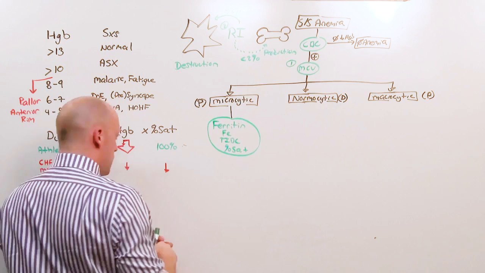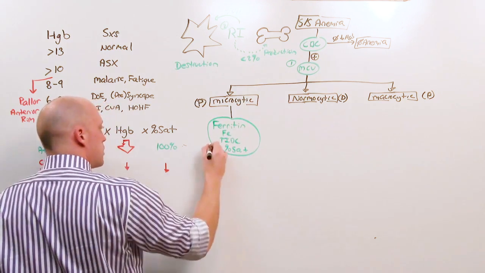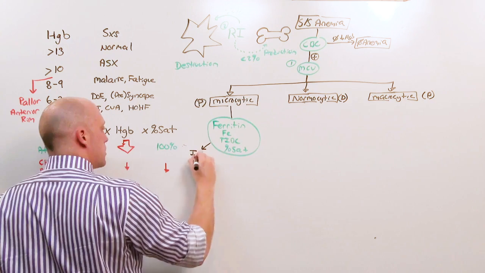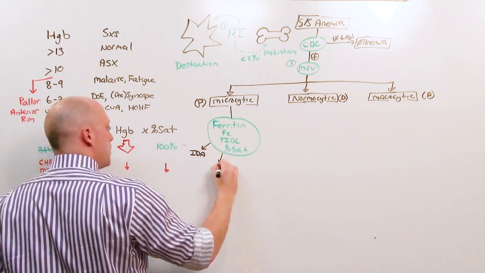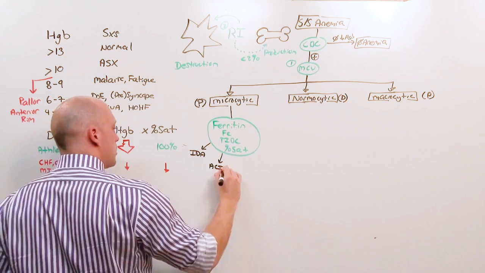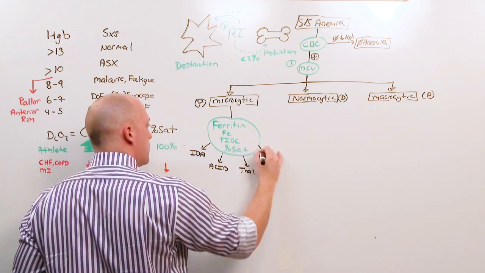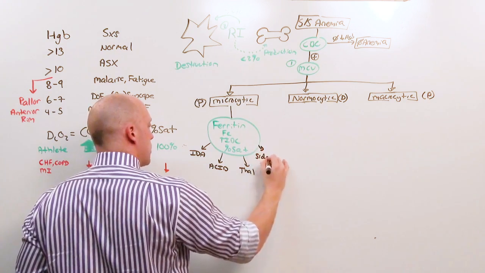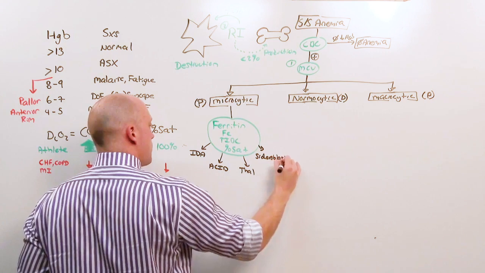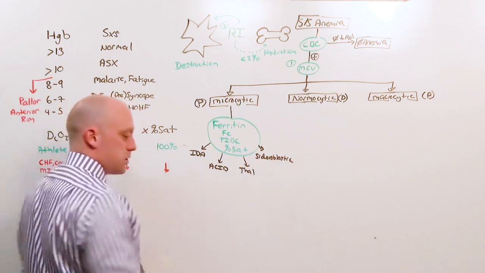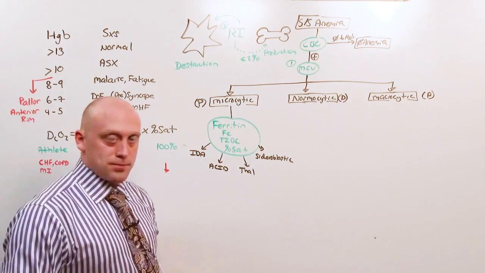This alone allows you to make the diagnosis with laboratories between iron deficiency anemia, anemia of chronic inflammatory disease, thalassemia, and sideroblastic anemia. For the details of this, check out that lecture.